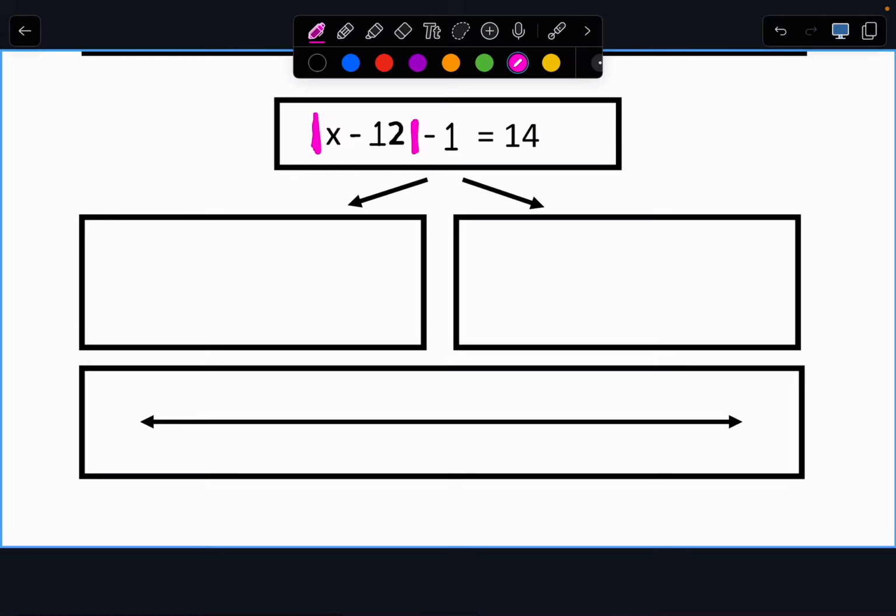Nothing's getting through. So that minus 1 needs to be moved. How do we move it? We're going to add 1 to both sides. So we have the absolute value of x minus 12 equals 15.